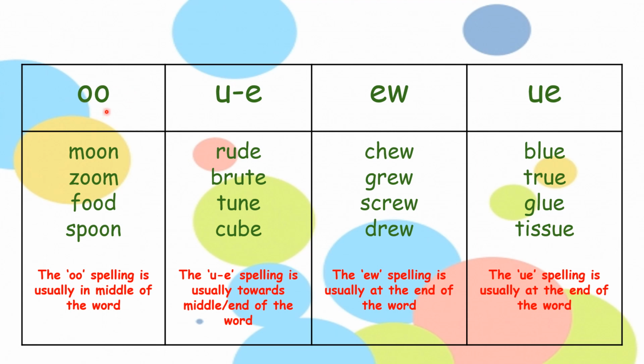If you hear the oo sound in the middle or towards the end of the word, you know that it is probably going to be the split diagraph oo. And if you hear the oo sound towards the end of the word, then you know that it is probably the EW spelling or the UE spelling. So that is how identifying where the sounds in the words are can help you know which spelling to use.